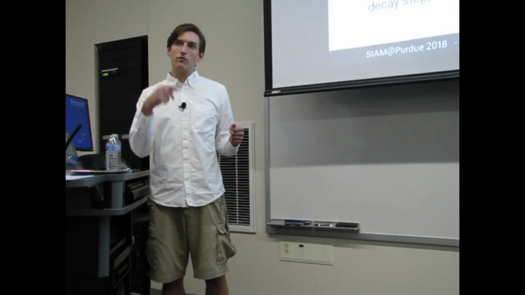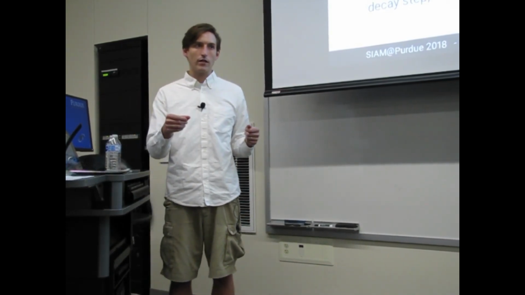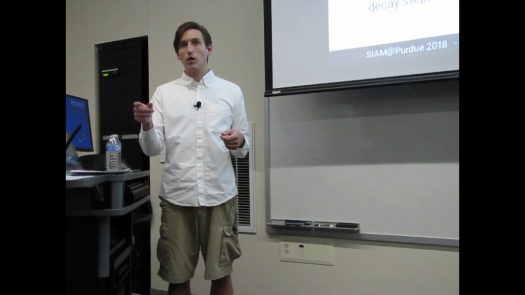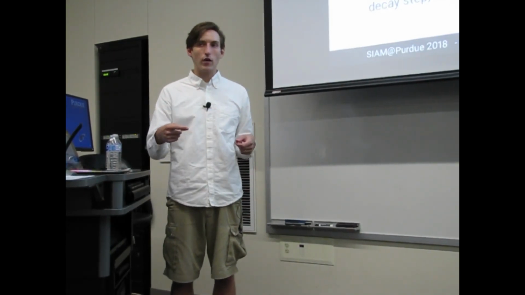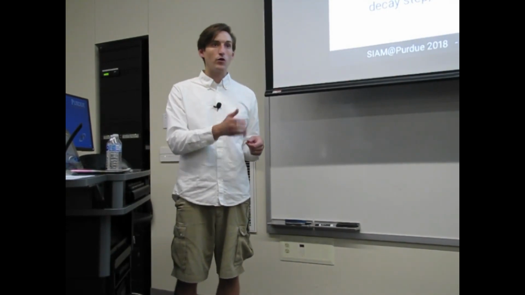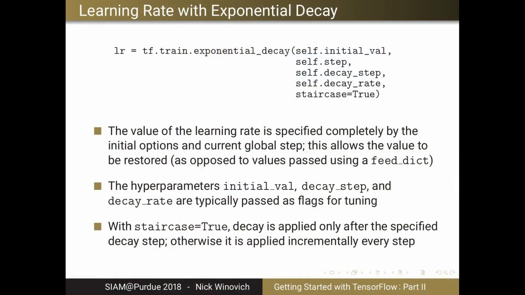So if you're constantly feeding in a decaying value for the learning rate, and say it gets to 0.001, but you started at 0.1, when you restart that model, if you want to continue training, it will revert to 0.1. But the workaround, since it's so natural to use, is just to define the learning rate in terms of an exponential decay.